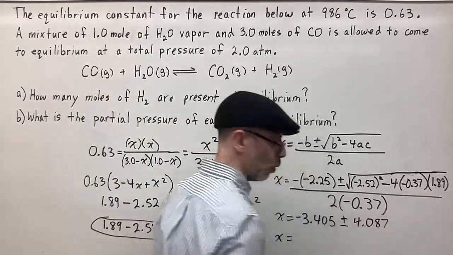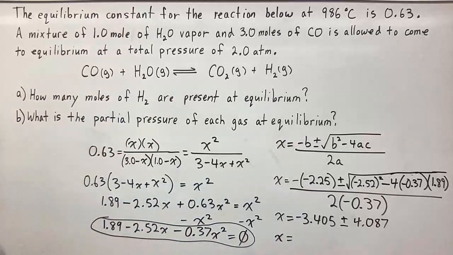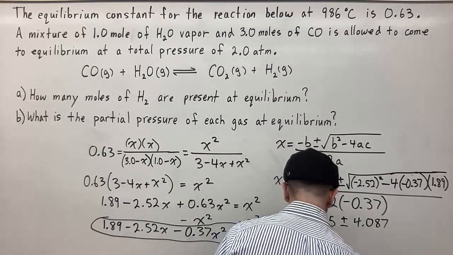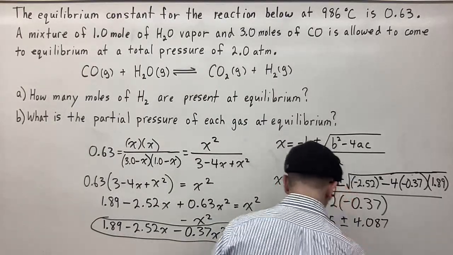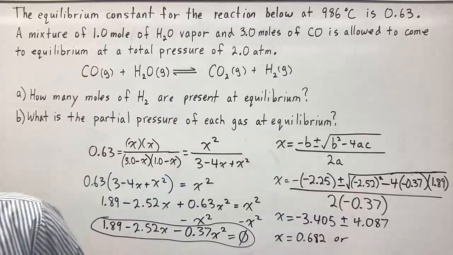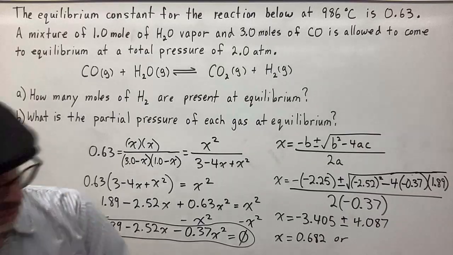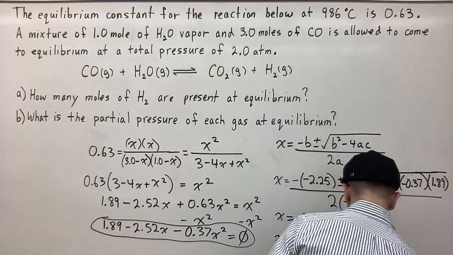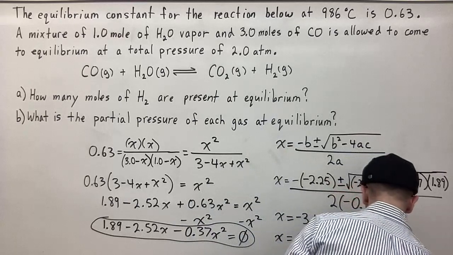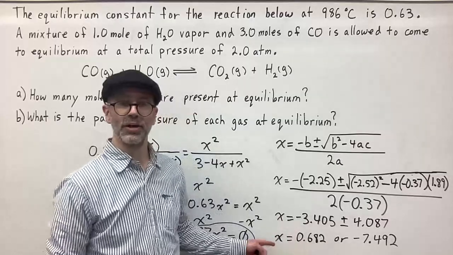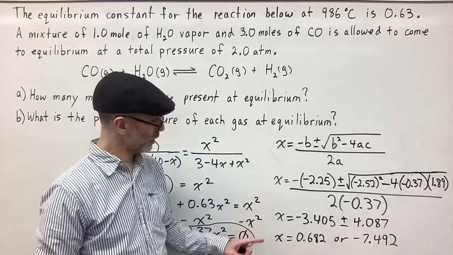So one x value will be 0.682, or the other x value is going to be negative 7.492. So here's the two possible x values from our quadratic formula.